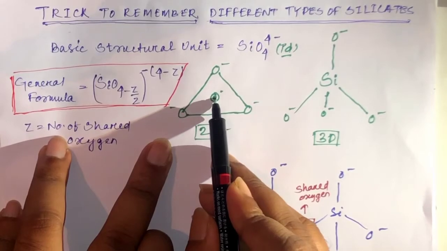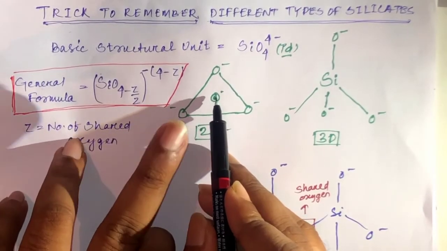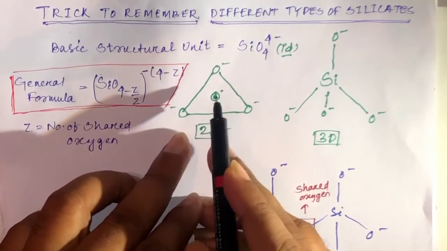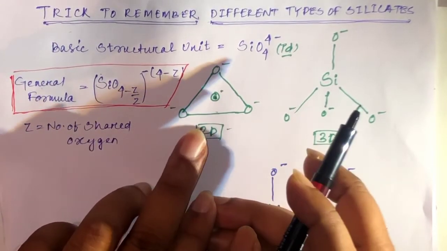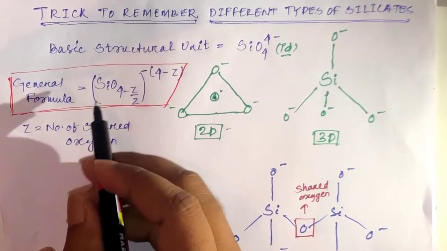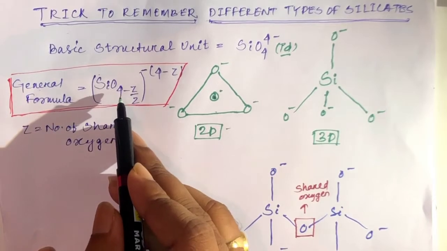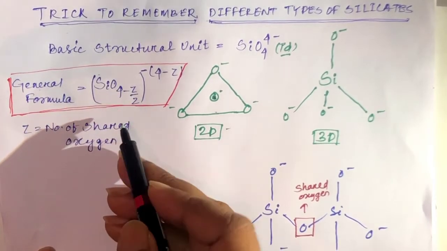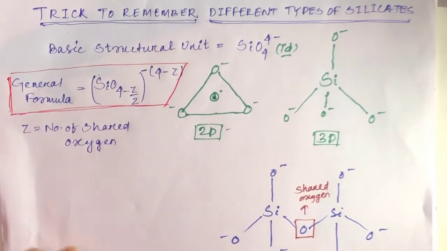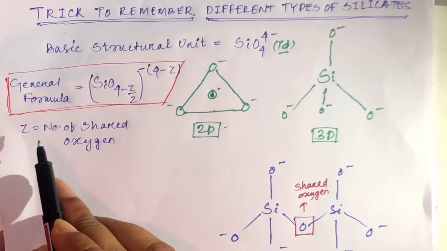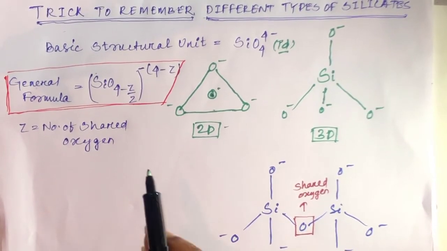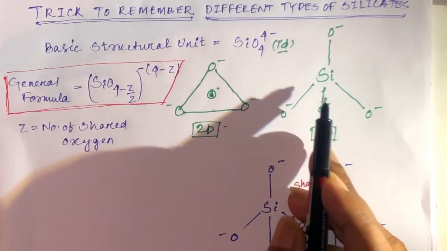Here silicon is present in the center and one oxygen is present below the plane. Each oxygen carries one negative charge. We consider the general formula for silicate to be SiO4 with J by 2 in the subscript and charge minus 4 minus J, where J is the number of shared oxygens.